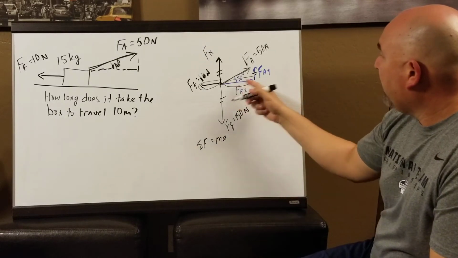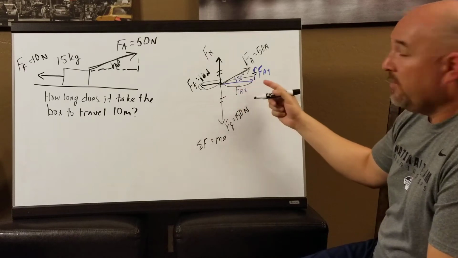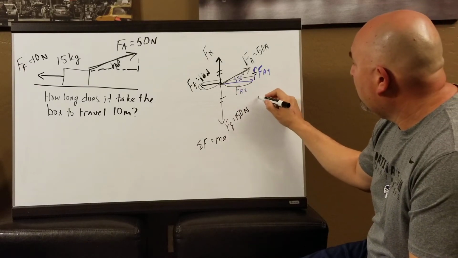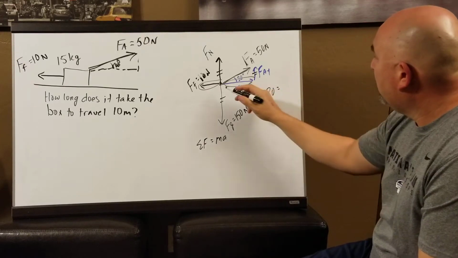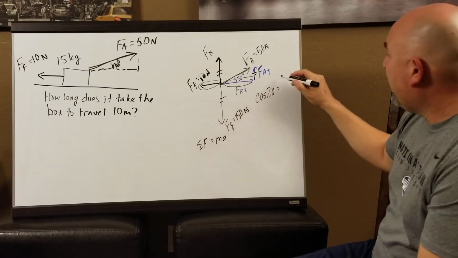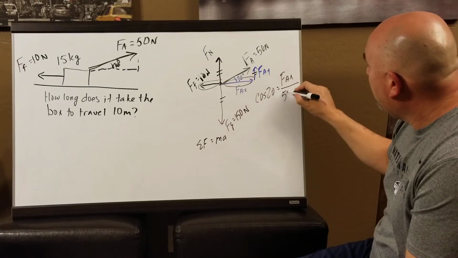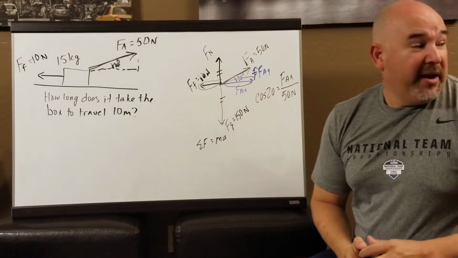So I can just plug in, using trig. This is going to be my cosine side. So I can just come off to the side and say, okay, cos 20 equals my adjacent, which is my FAX, over 50 newtons. In this case, I have to do 50 cosine 20. That one I can't do in my head, I apologize.